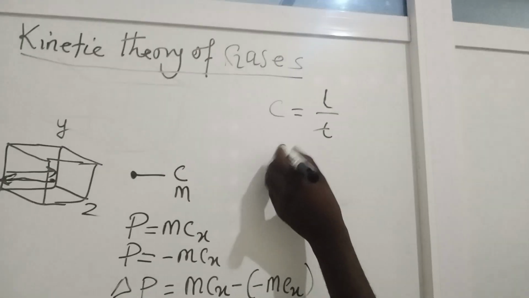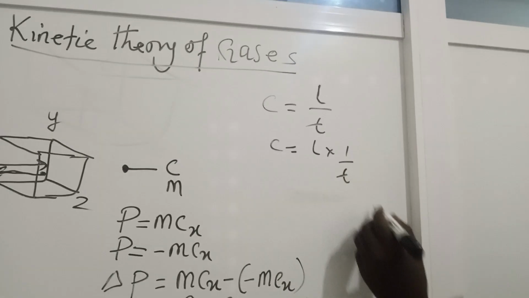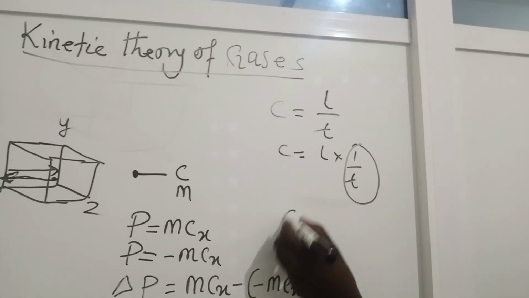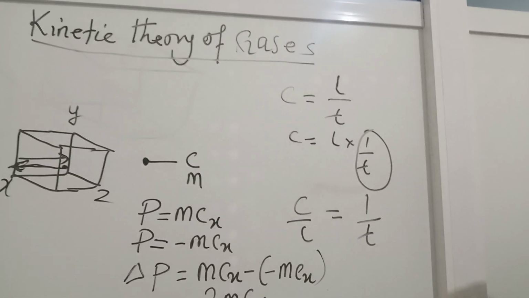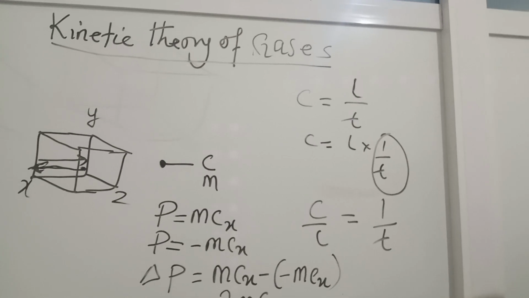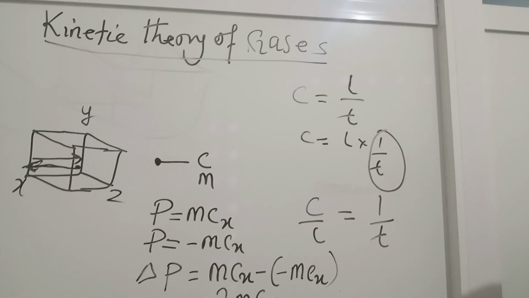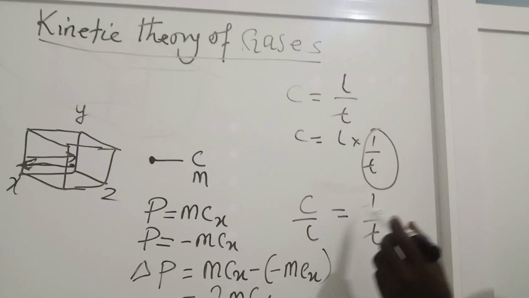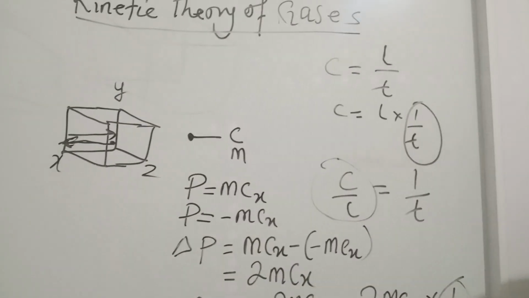So we can say C is equal to L times 1 over T. We want to make 1 over T the subject of the formula, so C over L is equal to 1 over T. Wherever we see 1 over T in this equation, we replace it with C over L.